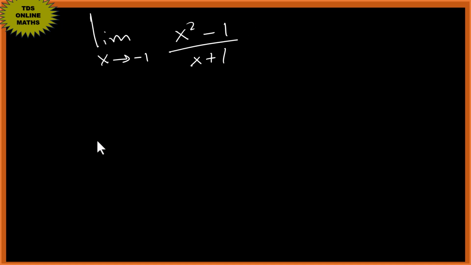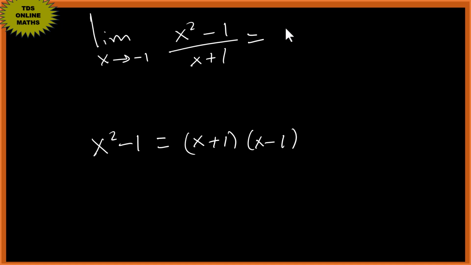We know x squared minus 1 is a difference of two squares, the same as (x plus 1)(x minus 1). So this side will be x plus 1, then x minus 1 on x plus 1 here.